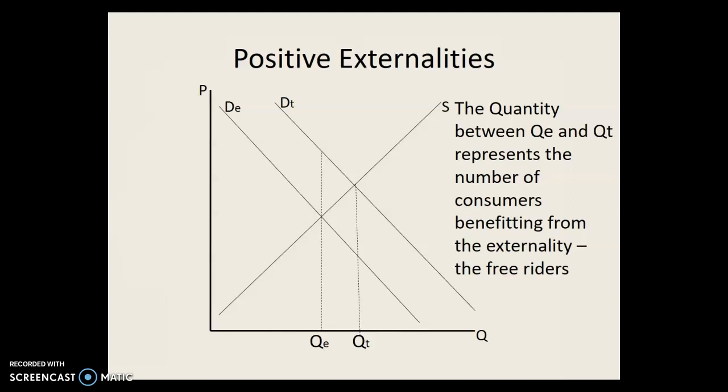Quantity QT would be if everyone who receives the benefit purchases the product. We see that there is a difference in quantity demanded, and that difference between QT and QE equals the free riders, those who are benefiting from the service or the product who are not paying for it. They are the free riders, that little section there, that quantity.